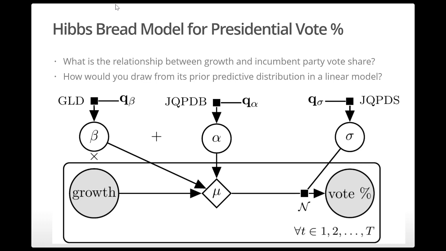And by the same token, we have prior distributions on each of the unknown parameters. So alpha, we said, has to be between 0 and 100. And so we could use the Johnson quantile parameterized distribution bounded on both sides, in which case we would need to input 3 quantiles to describe our prior beliefs about that.